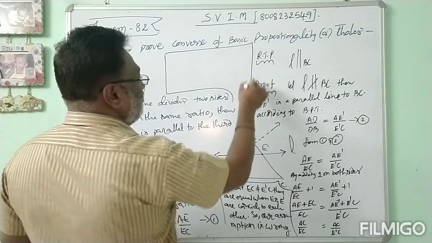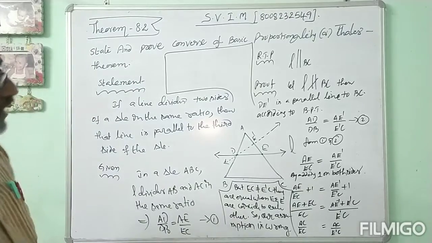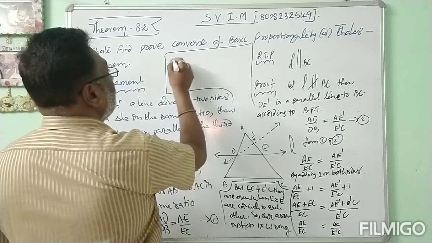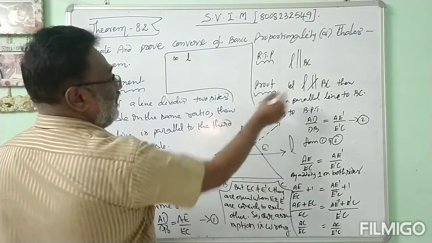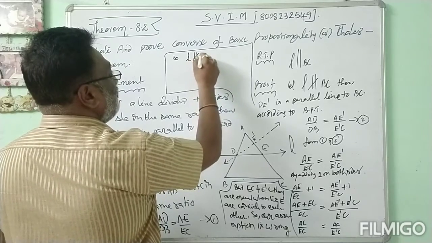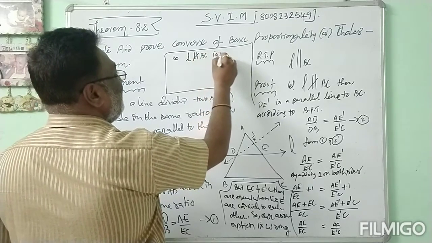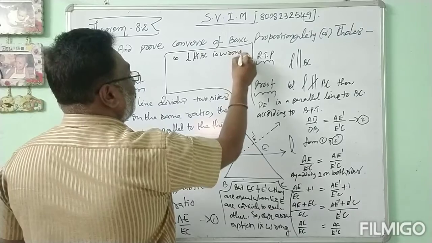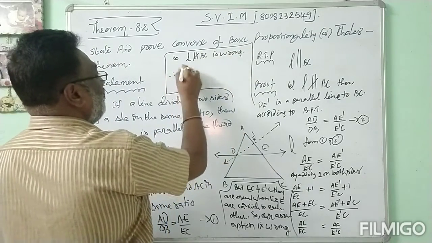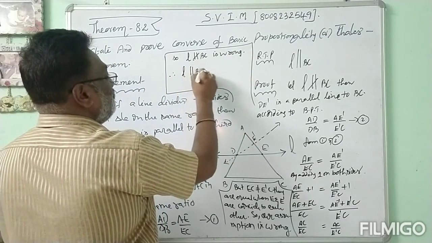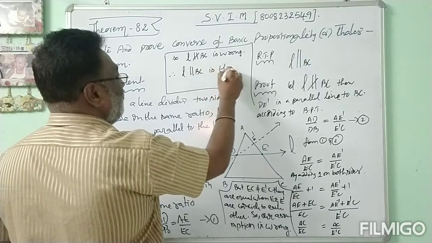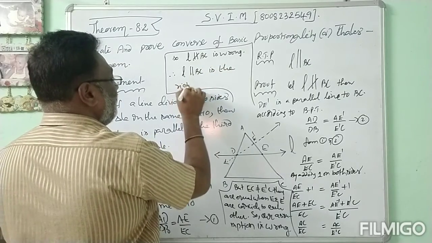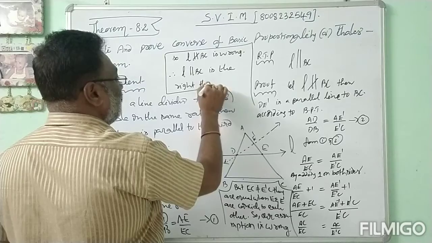The final answer here I am writing. Yes. So L is not parallel to BC is wrong. Therefore, L is parallel to BC is the right thing.